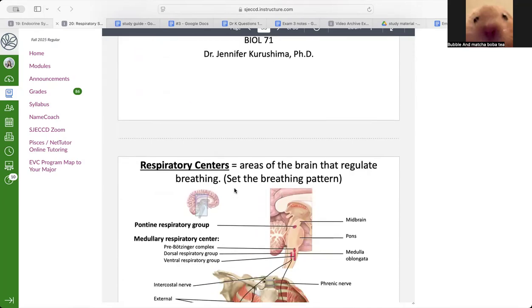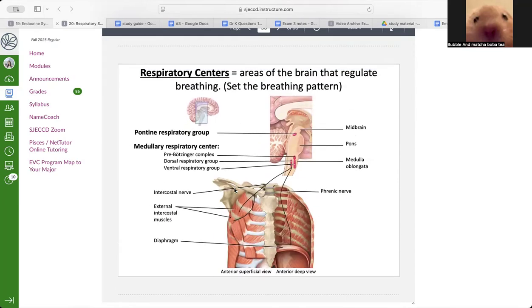So we have the area of the brain that regulates breathing. We have the pontine respiratory group, which is a set of neurons above the pons, and the medullary respiratory center, which are the neurons in the medulla oblongata. They talk to respiratory muscles using the phrenic nerve and the intercostal nerve.